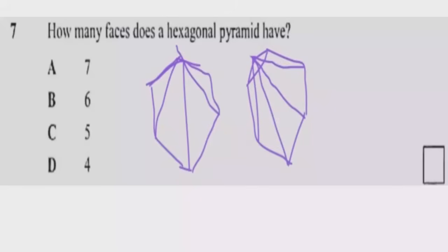When you count the triangles, there will be 6, and plus the bottom one, there will be 7. So the correct answer is A, which says it has 7 faces. If you followed me, you are able to count with me the faces of the triangles and the base. So there will be 7.